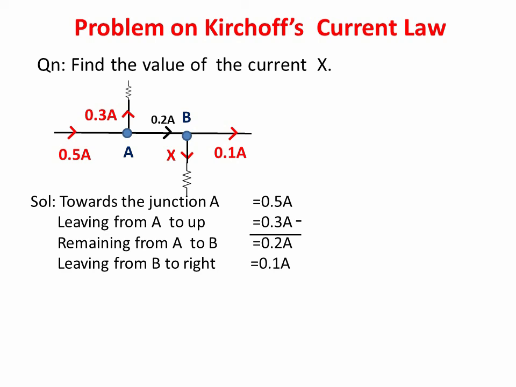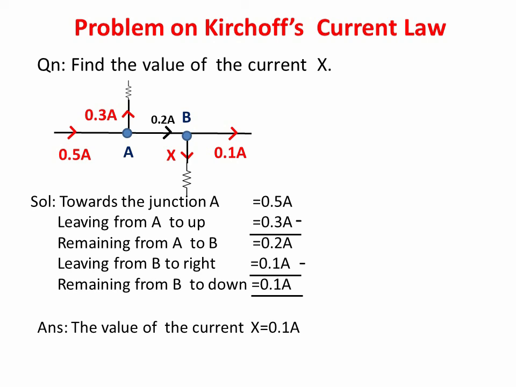Then what is the current passing through that downward resistance? That is the X value. Just subtract 0.2 ampere minus 0.1 ampere, which is 0.1 ampere. So, the X value is 0.1 ampere.